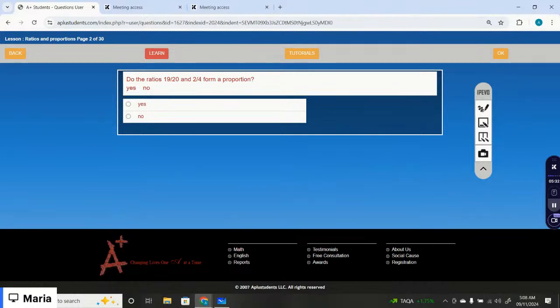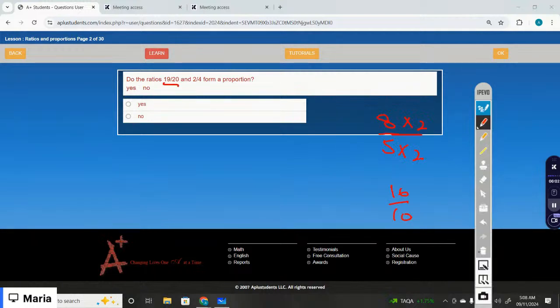Do the ratios 19 by 20 and 2 by 4 form a proportion? So let's just make their denominator same, right?